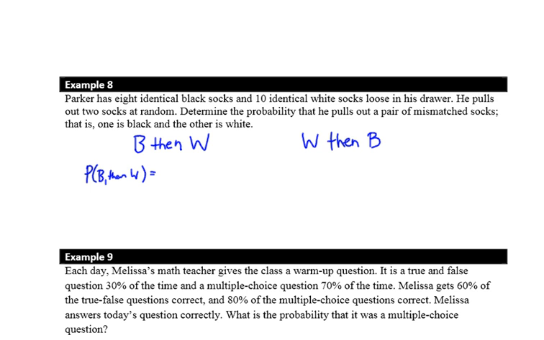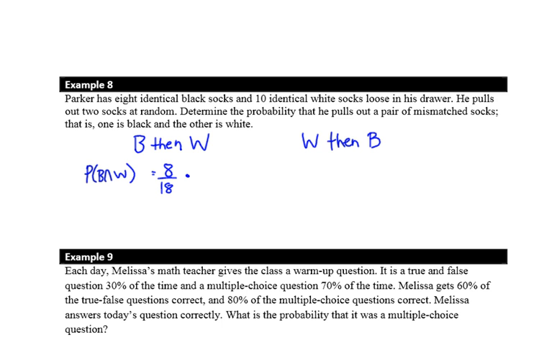What's the probability of choosing a black? How many blacks? There's 8 out of 18. Now when we want to do something and then something, is "and" going to be addition or multiplication? It's multiplication. So if we're doing black and white, "or" is addition, and "and" is multiplication.